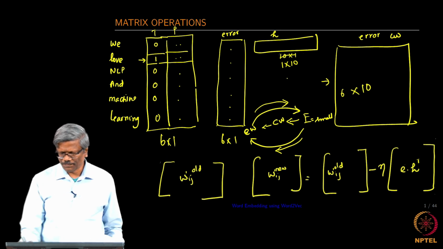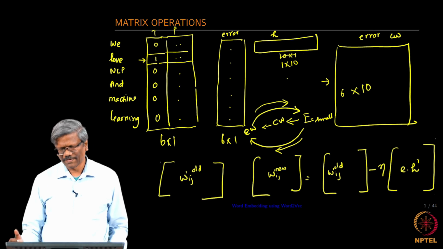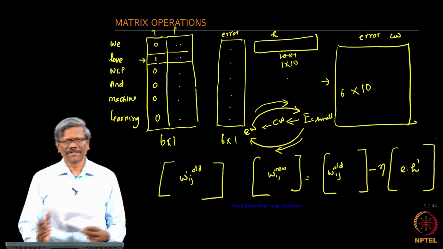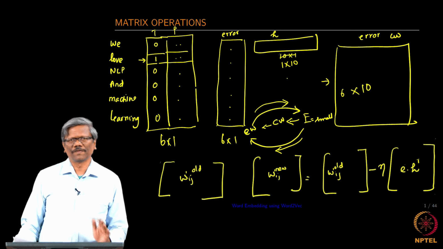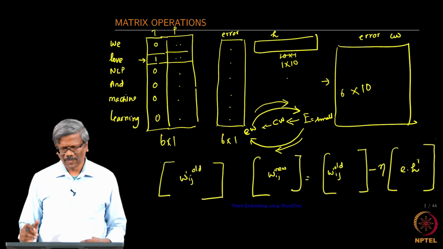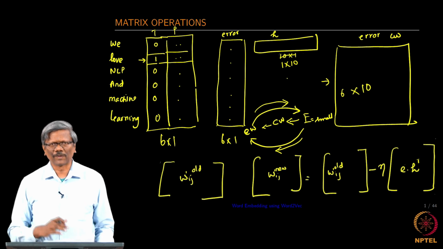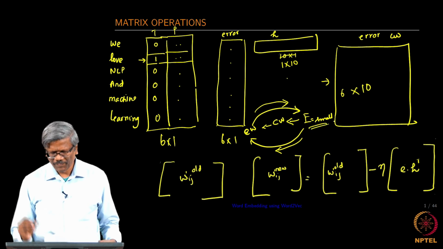So, once you do this, now you have updated the context weights, correct, and then taking the error back to the embedding layer, we can update the embedding layer weights in the same fashion. Okay. So, once it is updated, you keep going back and forth until E becomes small.